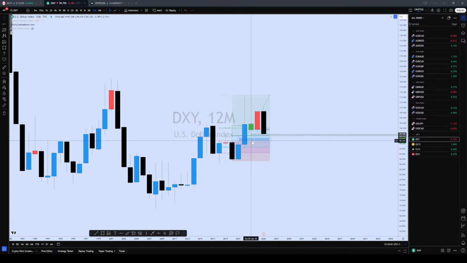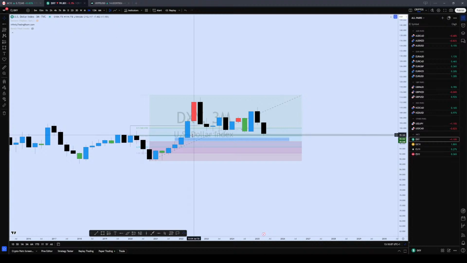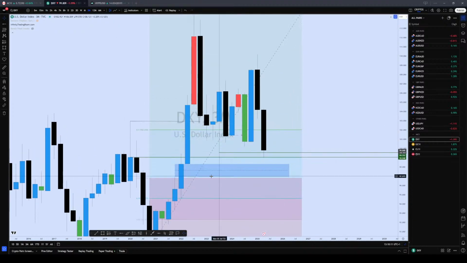Okay, so there is a fair value gap here, and on the 3 months, that one. So yes, that's why they're going to trade to going forward.